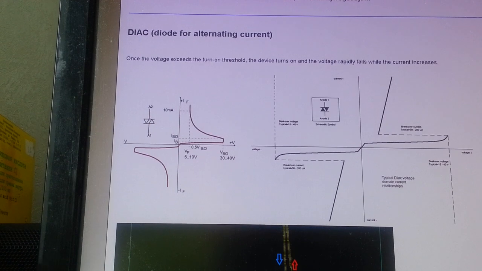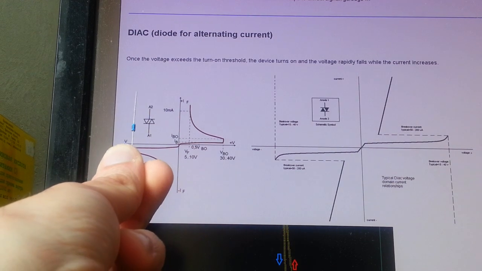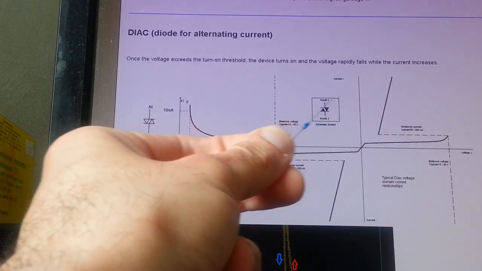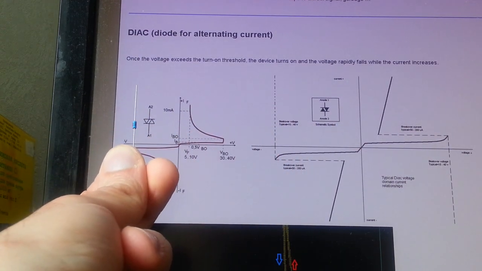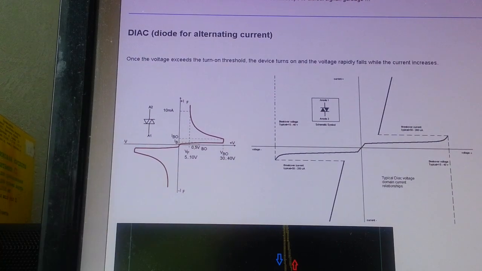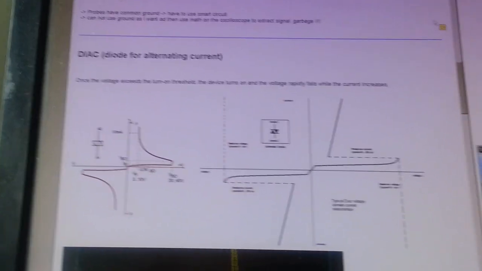The next element is the DIAC, diode for alternating current. So here is the element. On the circuit it is defined like this, so this is the symbol for it. You can look at this as if you have two diodes connected in opposite directions. So this is the theory, very nice interesting curves.